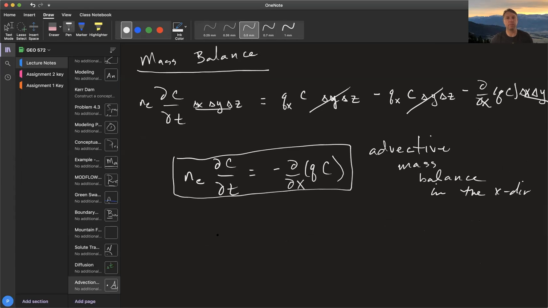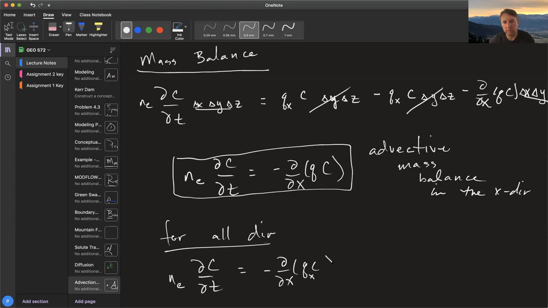And so I can write advection for all directions as n_e dC/dt is equal to negative d/dx of q_x C, minus d/dy, sorry, of q_y C, minus d/dz of q_z C. And actually these q's are a vector field, so I don't actually need to put a subscript in there, but let's just keep it for now.